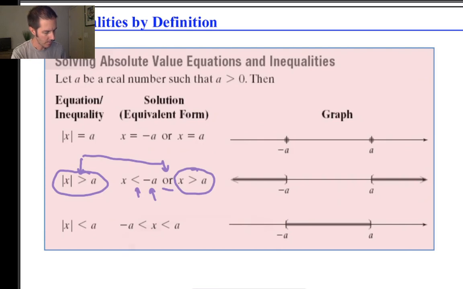You'll notice that this inequality symbol has been flipped compared to this one. So we have to flip the inequality symbol, and then whatever the expression was that was in the absolute value bars, it stays the same, but the other two components change. The number gets negated and the inequality sign gets flipped.